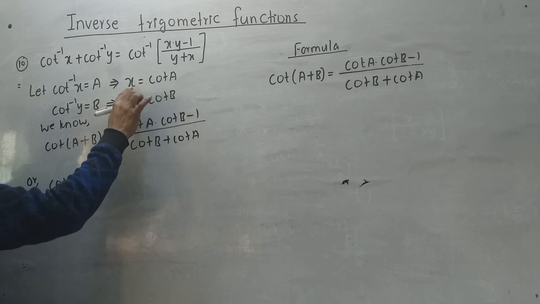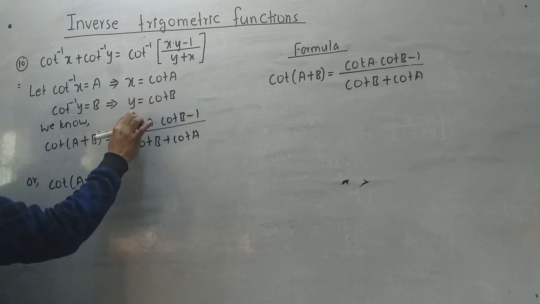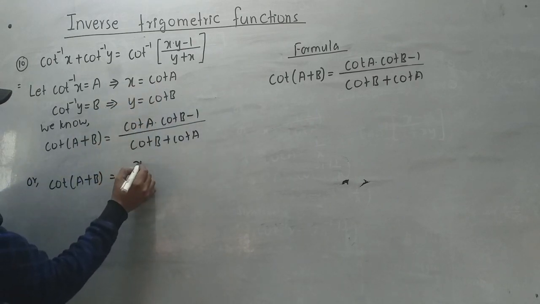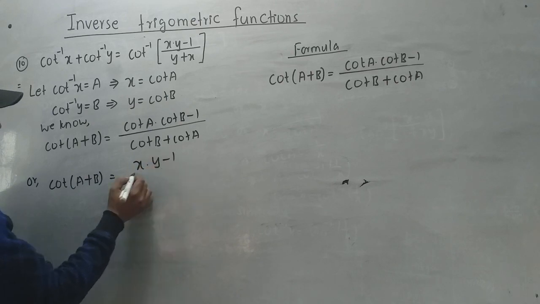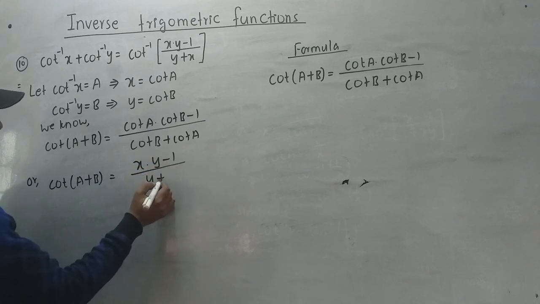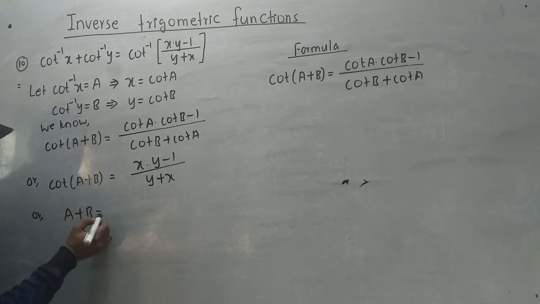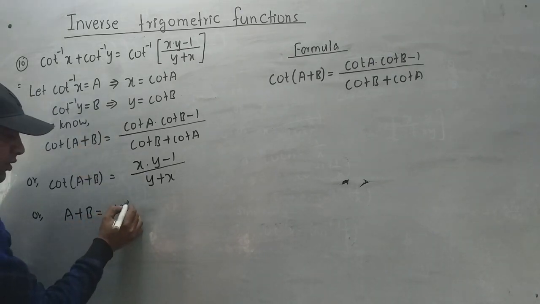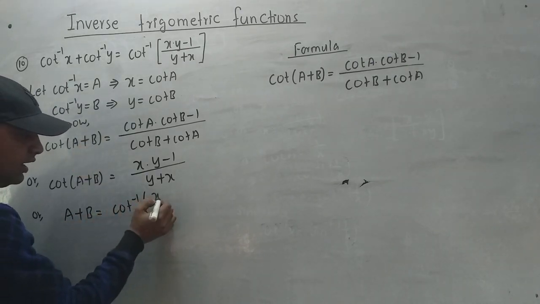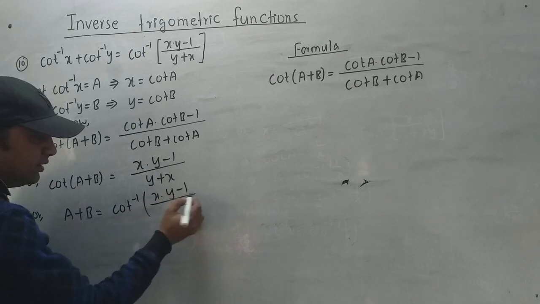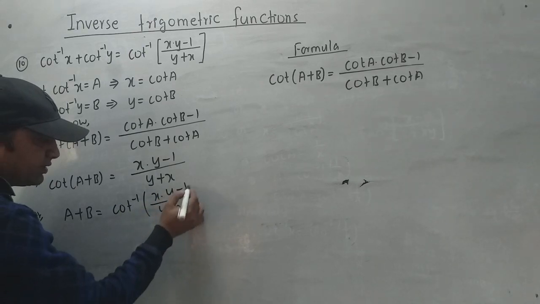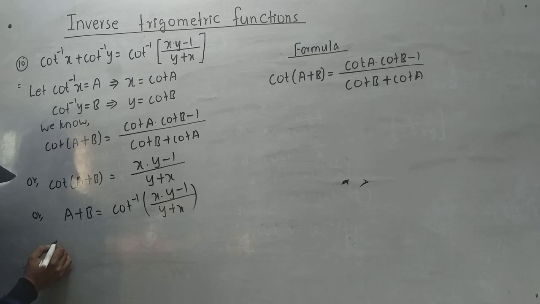Cot A can be replaced by x, cot B by y. Cot A is x, cot B is y, minus 1, here it is y plus x. Or leave this A plus B in the left hand side. Now A plus B is equal to cot inverse of x times y minus 1 whole divided by y plus x. So we are near to the final result.